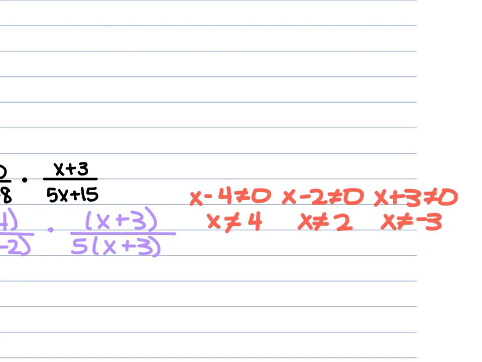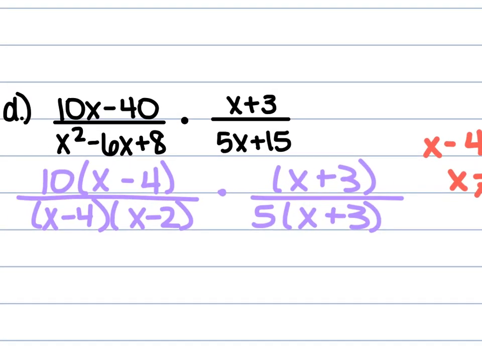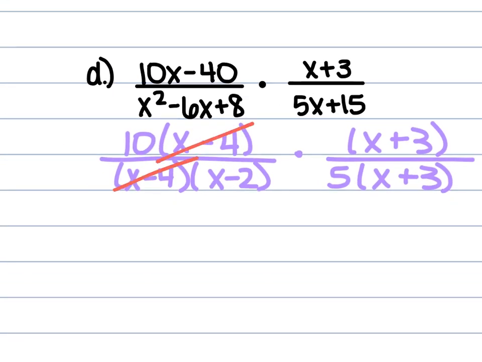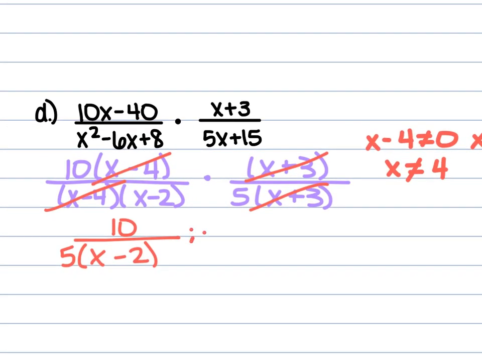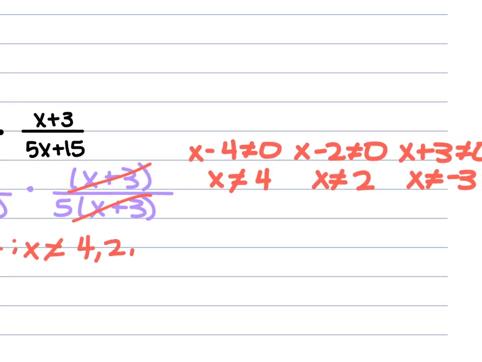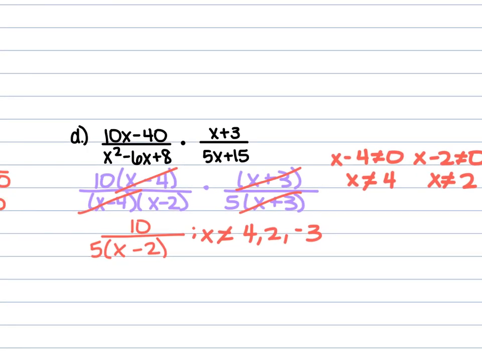So we have to remember to include those in our answers as well. That x minus 4 is going to cancel, then that x plus 3 is going to cancel. So when these cancel out, we're going to be left with 10 over 5 times x minus 2, and x cannot equal 4, 2, or negative 3.